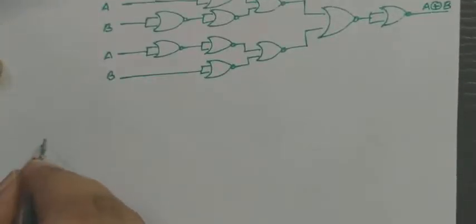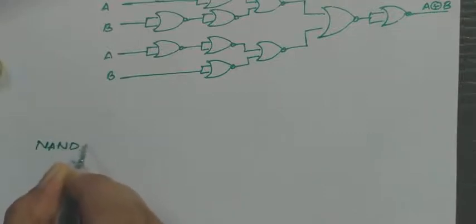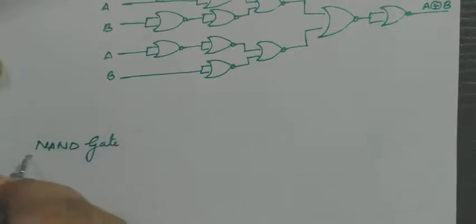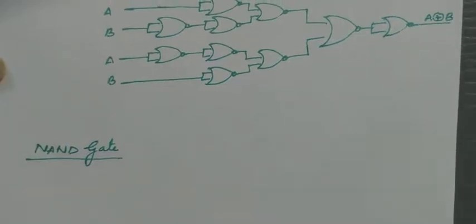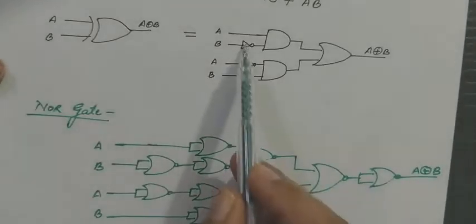Similarly, we can make the circuit diagram using NAND gate. Fine. So using NAND gate, again we'll make, see, two input lines and B has a NOT.